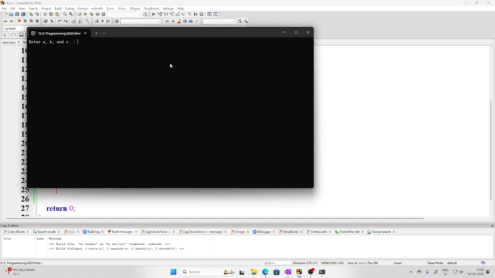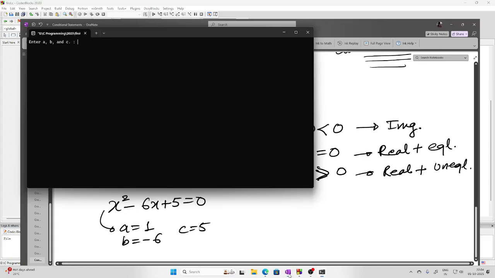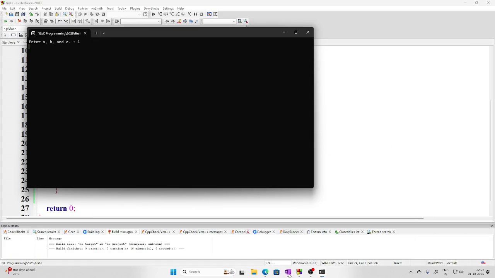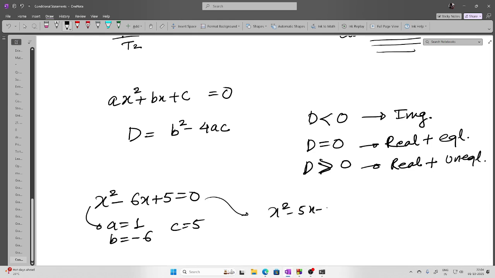So enter value of a, b and c. What was there in our case? A is 1, b is minus 6 and c is 5. Now if you look at this, you all know that this can be written as x square minus 5x minus x plus 5 is 0.